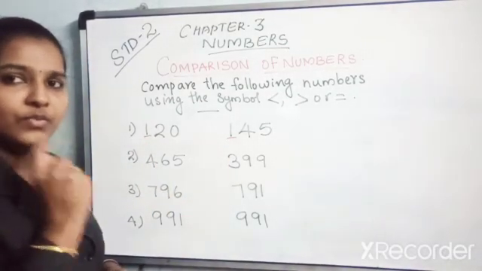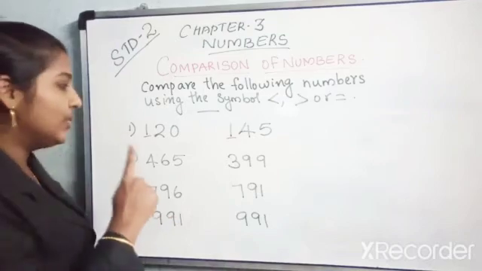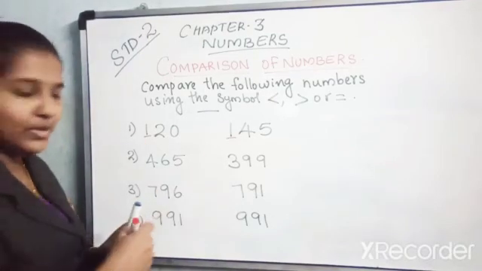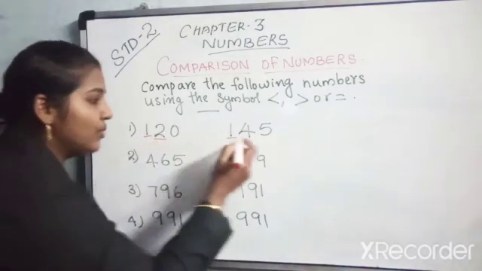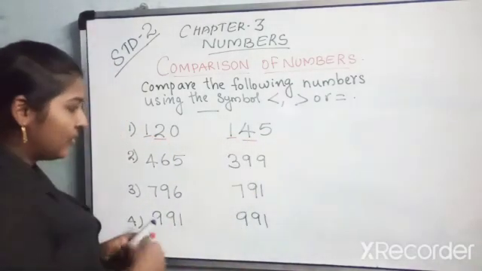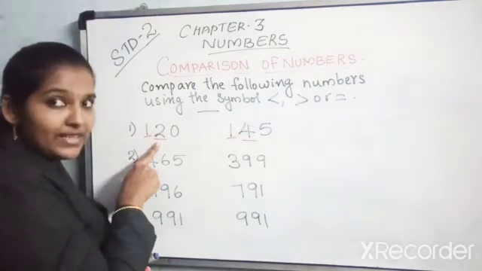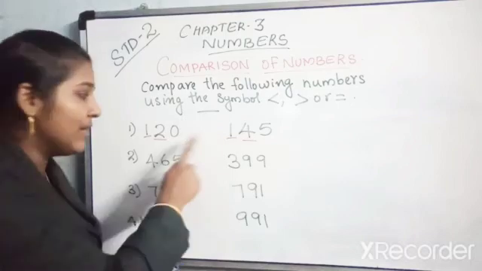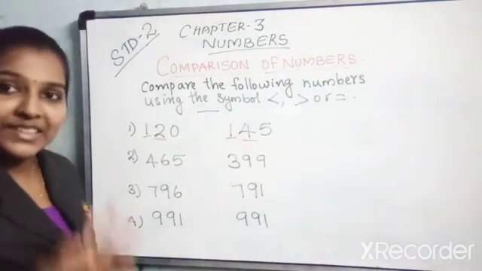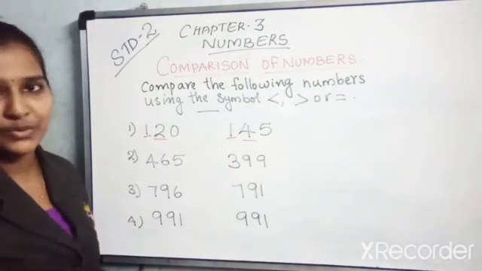So then what you have to do? You check the next digit, the digit which comes after that. That is, here it is 2 and here it is 4. So compare 2 and 4. Tell me children, which is greater among 2 and 4? Yes, 4 is greater than 2, isn't it?